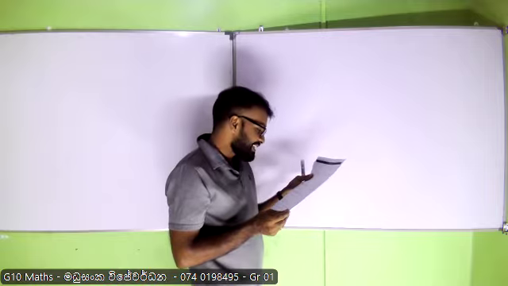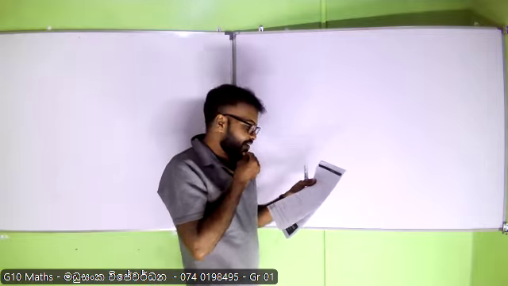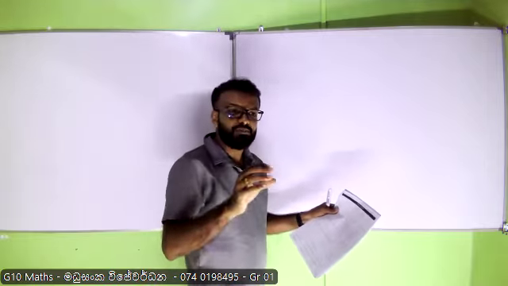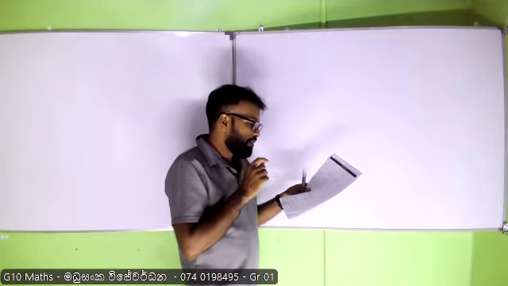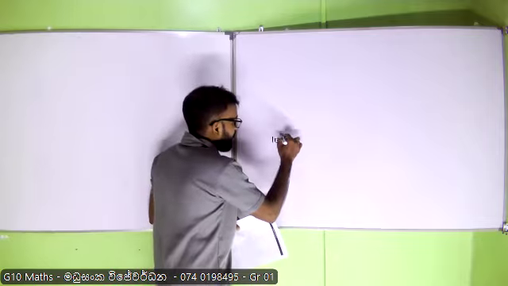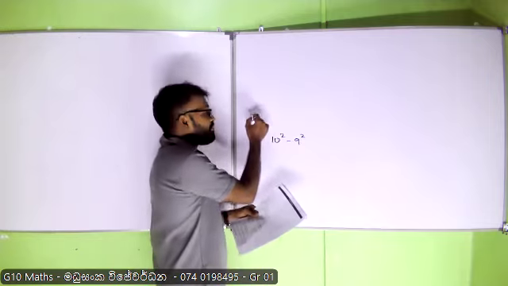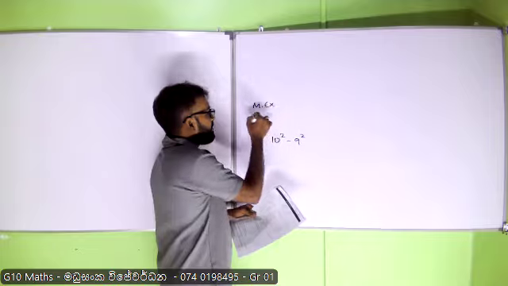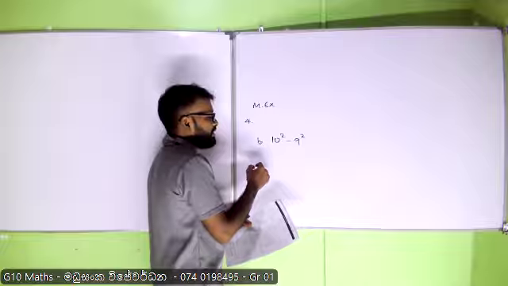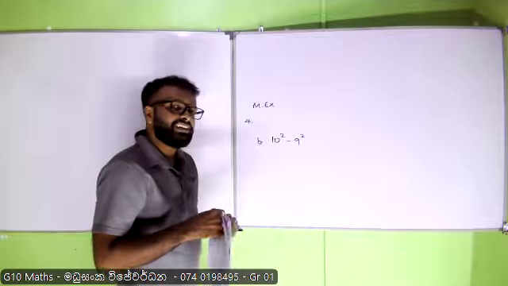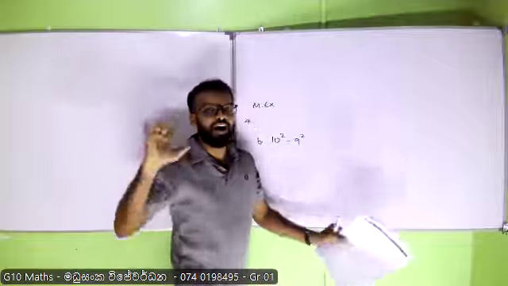In the mixed exercise, fourth question, you are not using the knowledge of factorization. Some of you have taken 10 to the power 2 minus 9 to the power 2. This is mixed exercise, fourth question part B. It is saying you need to use your factorization knowledge, but no, I am not going to do that.